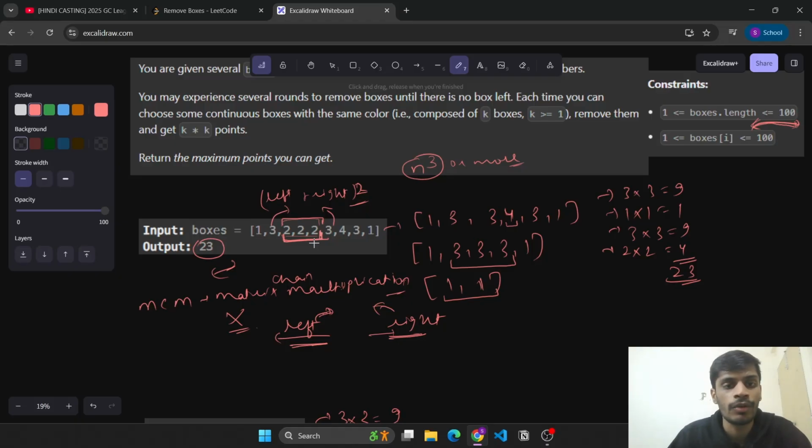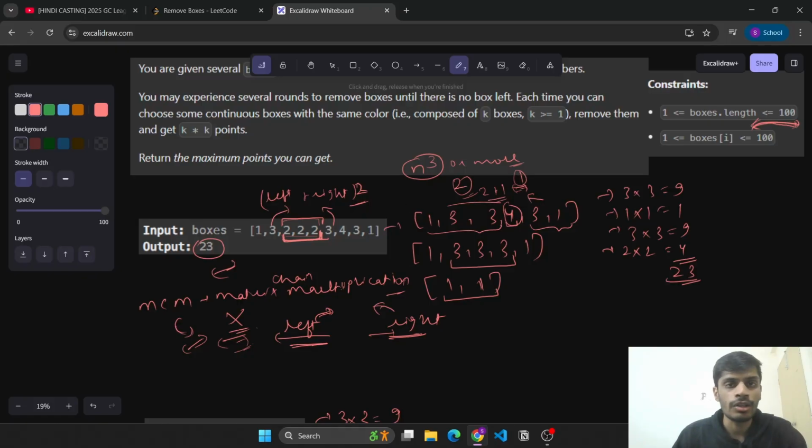For example, when you remove this 4, suppose the left part was this and the right part was this. In normal MCM, when we try to merge, this bonus, like 2 plus 1, will not be accounted for. Either it will be 2 or it will be 1. The way the matrix chain multiplication code is written, it will not be able to account for the bonus. So this will not be feasible here.